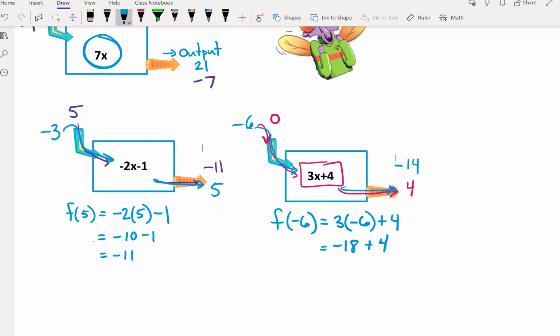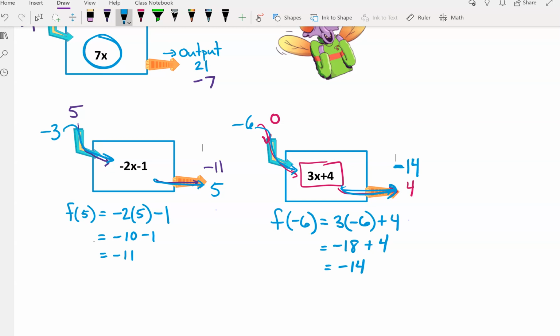And we get our negative 18 plus 4 is going to be negative 14. And I apologize before if I didn't say negative 14 on that one as our output. You guys are probably thinking, wait, Miss O, it has to be negative. All right, and if you were thinking that, good job.